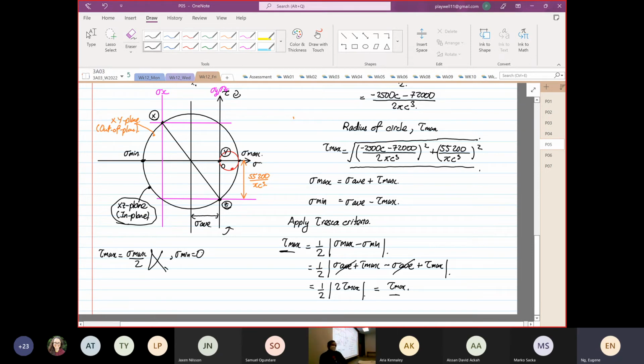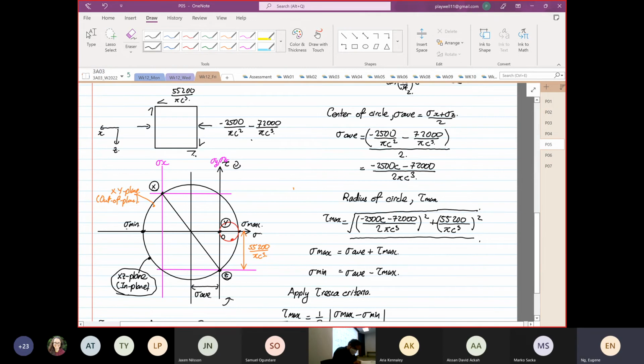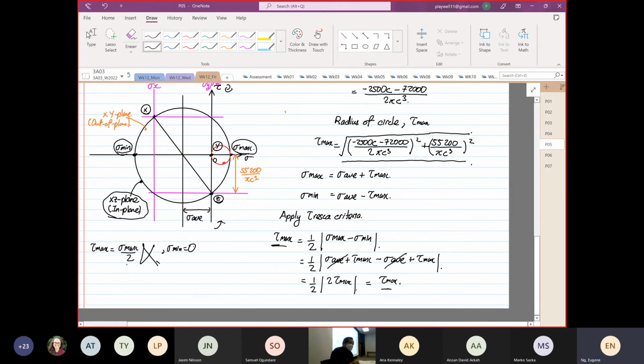That's why, yes, it's to confirm which one to use. To select which one to use is to find the criteria of your stress mean and your stress max. If neither one is equal to 0, you cannot apply this formula down here. If you apply that formula, it's wrong. I know it's very obvious, tau max equals tau max, but you have to know which one to use. Okay, does that make sense to you?